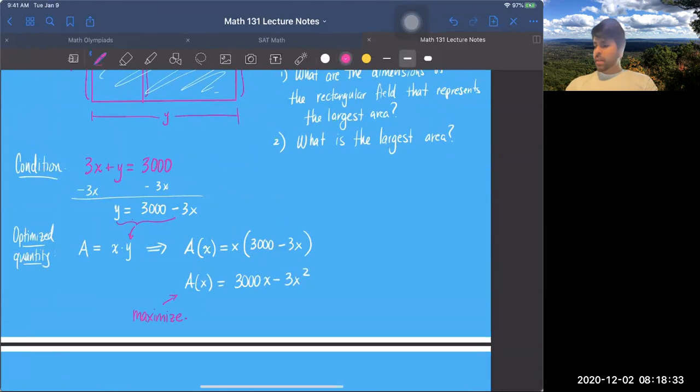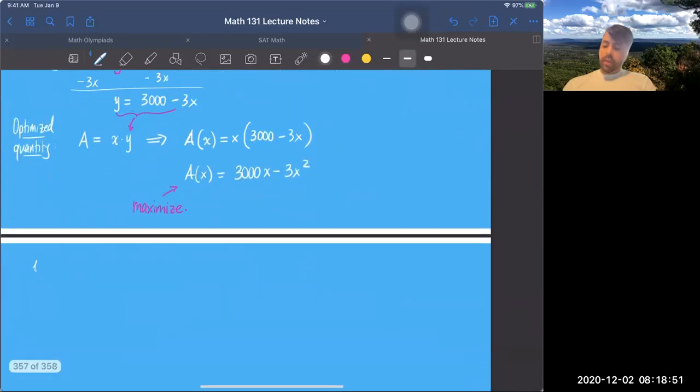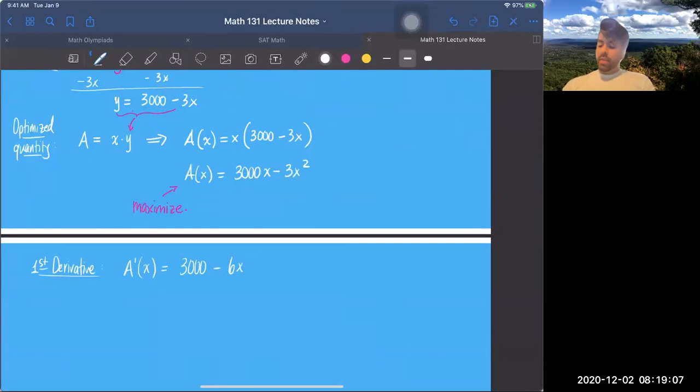So how do I maximize this? What do I do to maximize this? This is the first derivative. So what's my first derivative? I get 3,000 minus 6x. And I have to set it equal to 0 and solve.